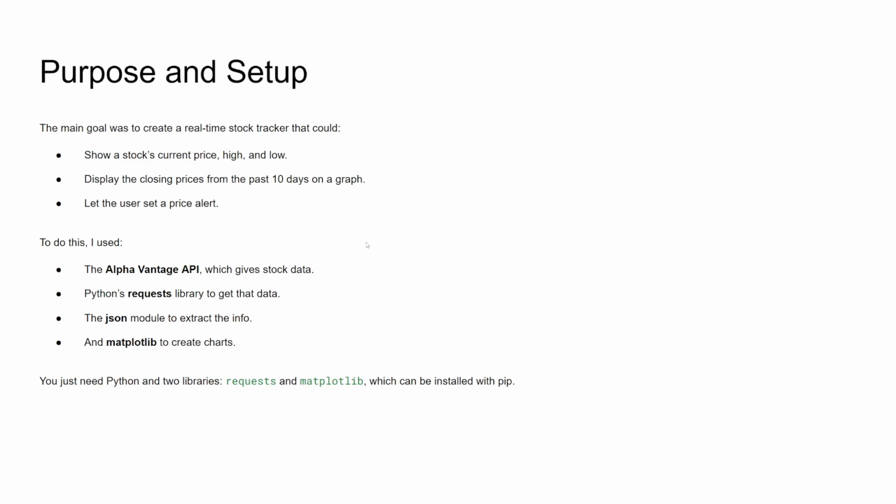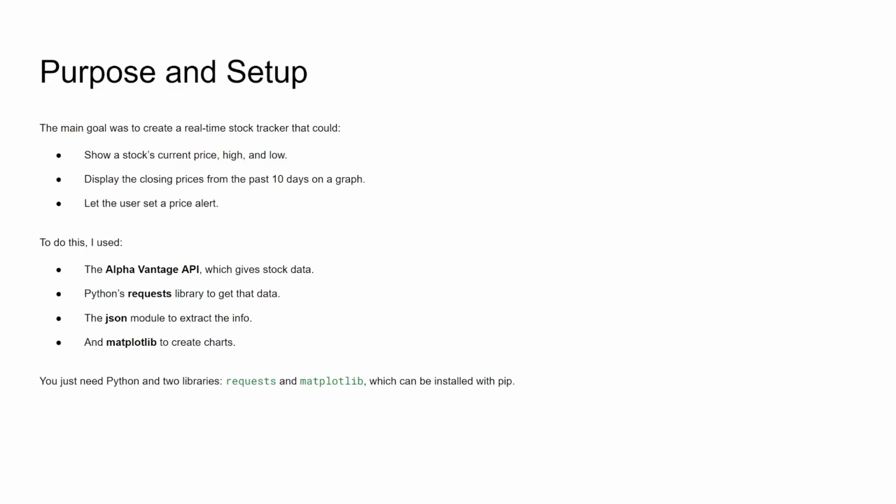To make this happen, I used a few pieces of technology. First, the Alpha Vantage API that provides daily and intraday stock price data. I use the requests library in Python to get the data from the internet. The data comes in JSON format, which I had to parse and extract.